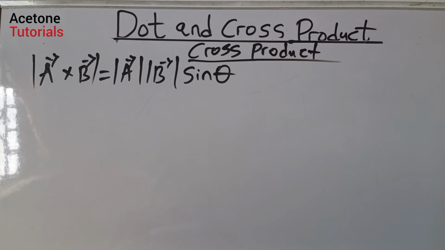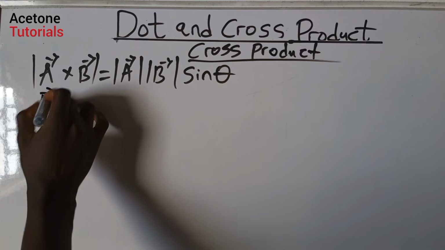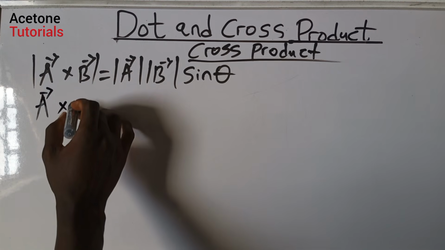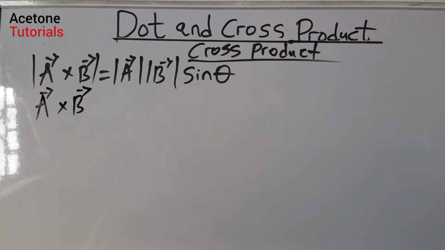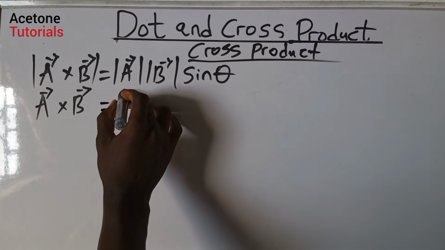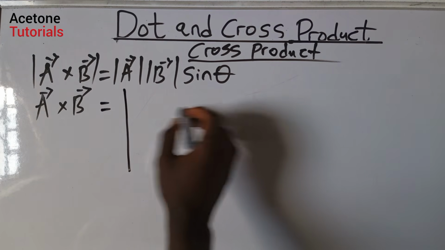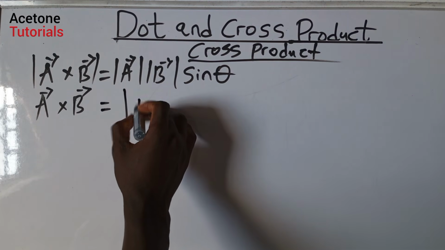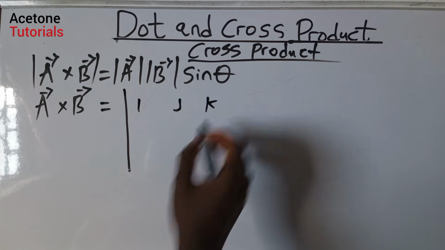To determine the cross product of two vectors A and B in vector form, if you know the components of vector A and vector B, we use the matrix method. So i, j, k.